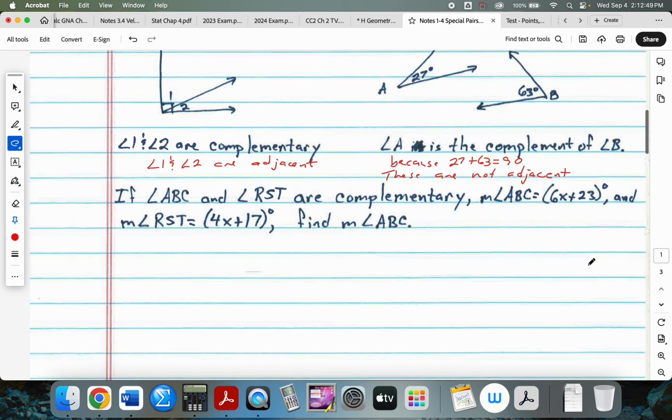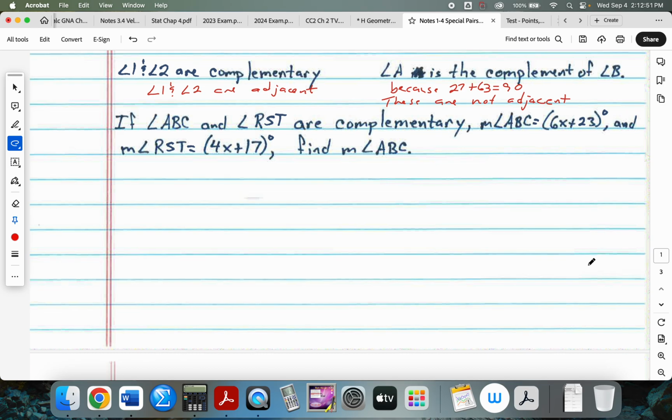So here's an example. If angle ABC and angle RST are complementary, the measure of ABC is 6x plus 23 degrees, and the measure of RST is 4x plus 17 degrees. Find the measure of angle ABC.